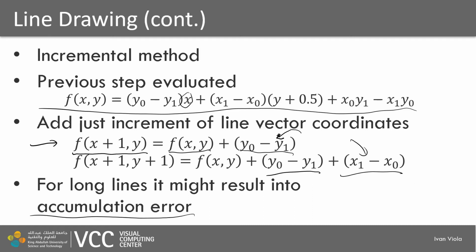So if we would like to have perfect lines, sometimes it might be necessary not to use the incremental method. However, for lines which are just a few thousand points on the screen, this usually does not become an issue, and we should be able to have a performance gain from this sequential line drawing algorithm without any accumulation errors polluting our visual outcome.